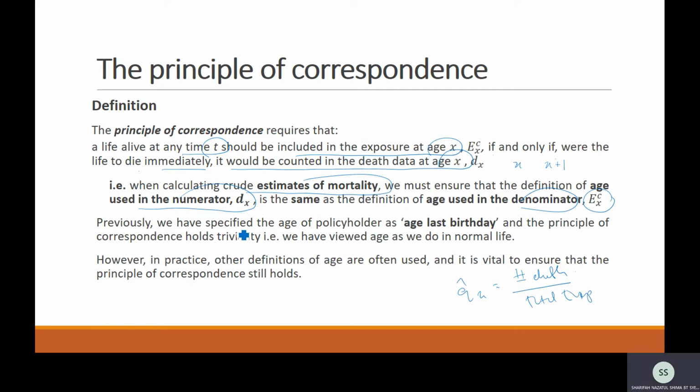If we specify the age of the policyholder as age last birthday, the principle of correspondence holds trivially. For example, we view age as we do in normal life. Other definitions of age are often used, so it is vital to ensure that the principle of correspondence still holds.